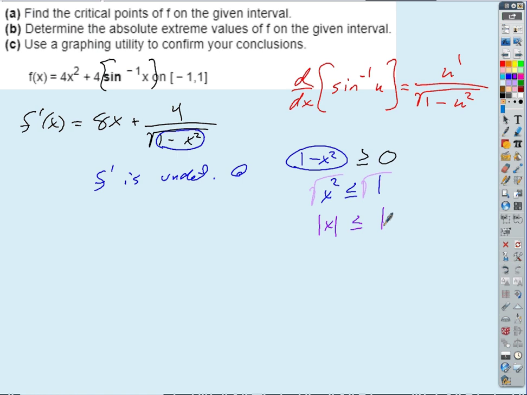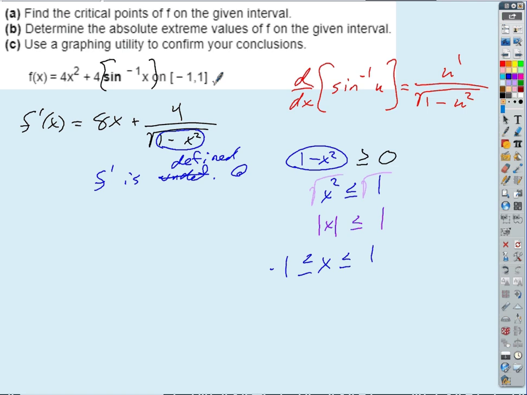So then this becomes x is less than or equal to positive 1, and greater than or equal to negative 1. Typically we'd say it the other way around. Okay? That make sense? So those are the places where f prime is defined, I should say, right? So it's undefined everywhere else, but look, those are on my interval.